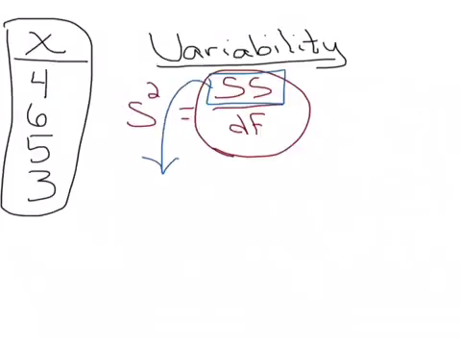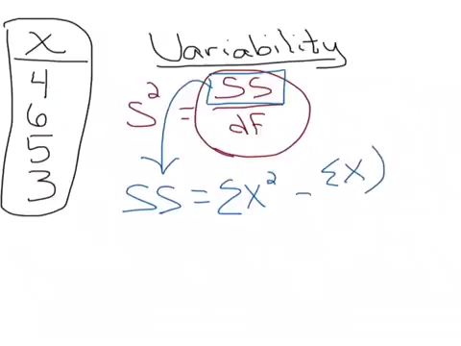Sums of square is merely a notation, but its equation is the sum of x squared minus the sum of x total squared divided by n. That n in this case is either sample or population. That is usually interchangeable, but in this case we're dealing with a sample.